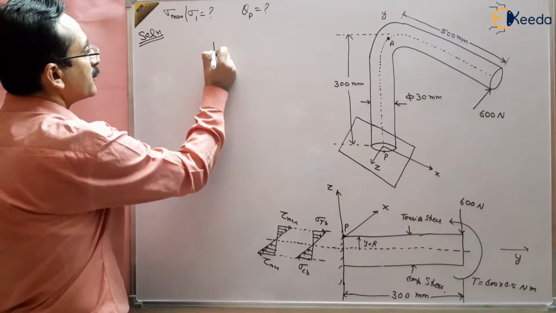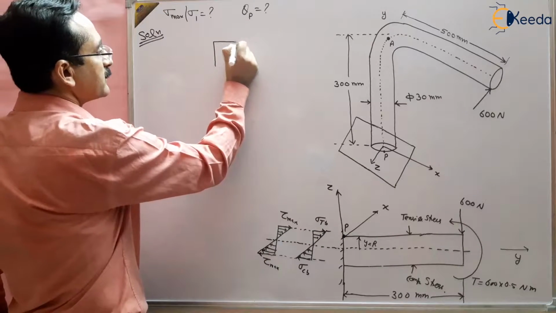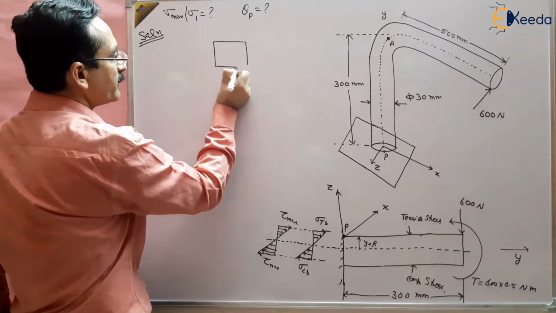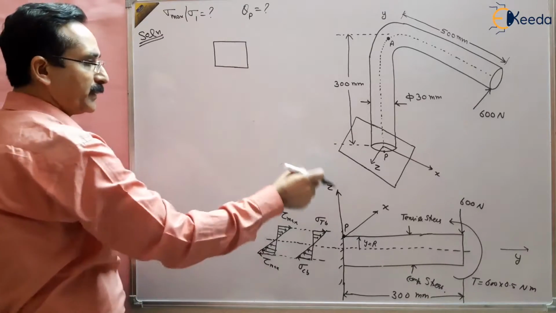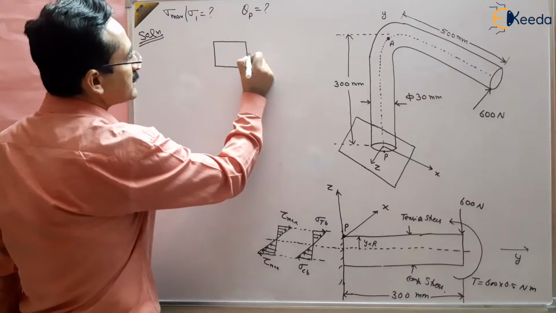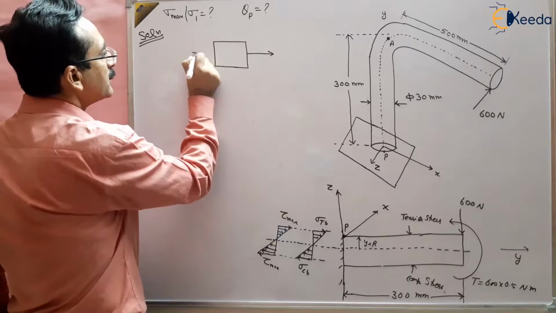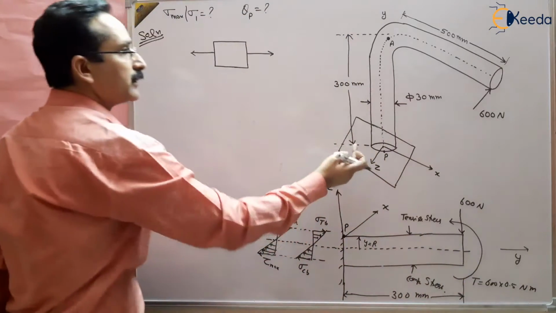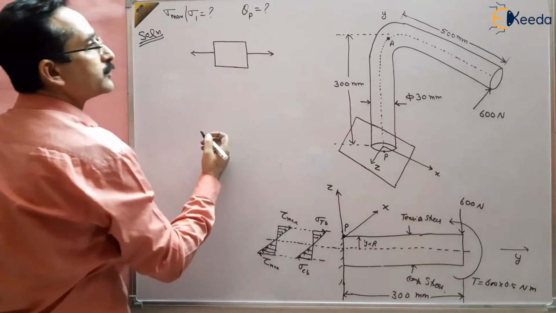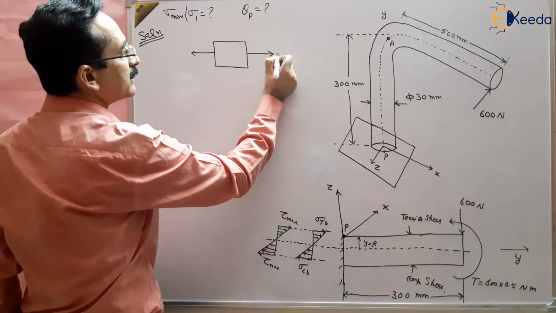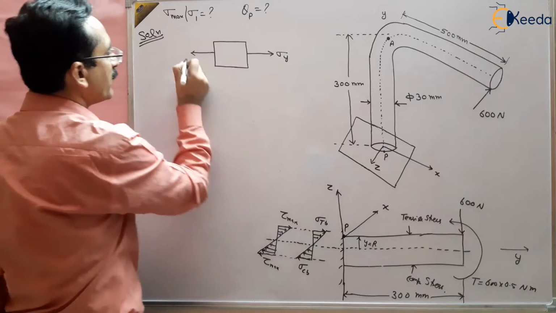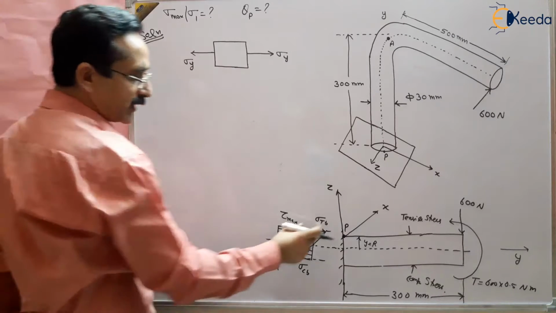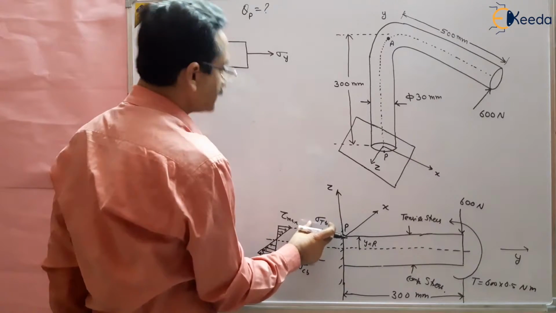If I draw the stress condition on this point P, there is the bending stress, and because this is the y direction, this is sigma y, the tensile bending stress, which is maximum.